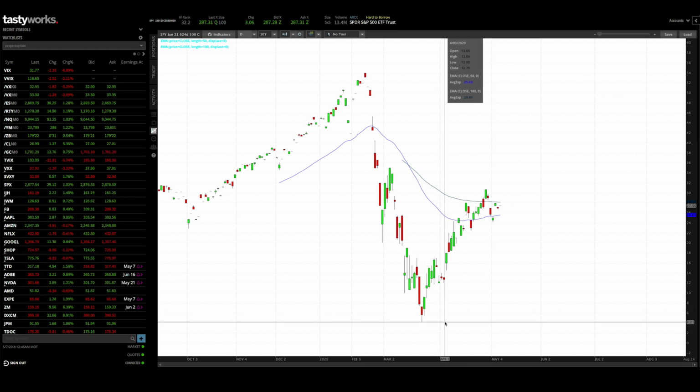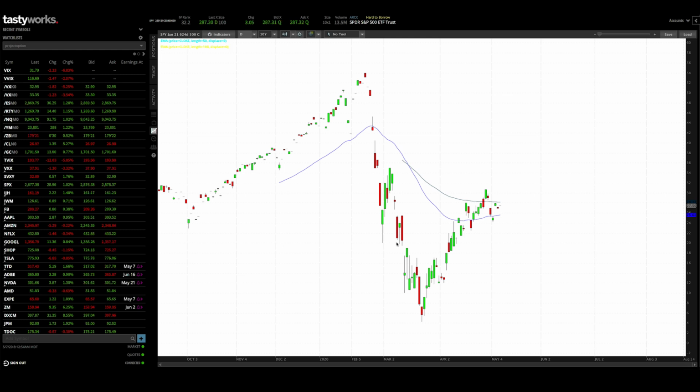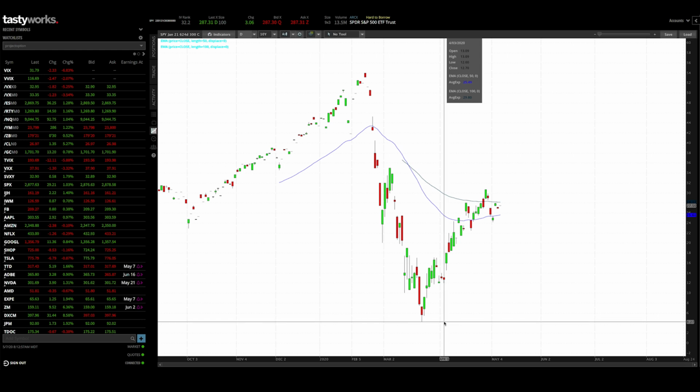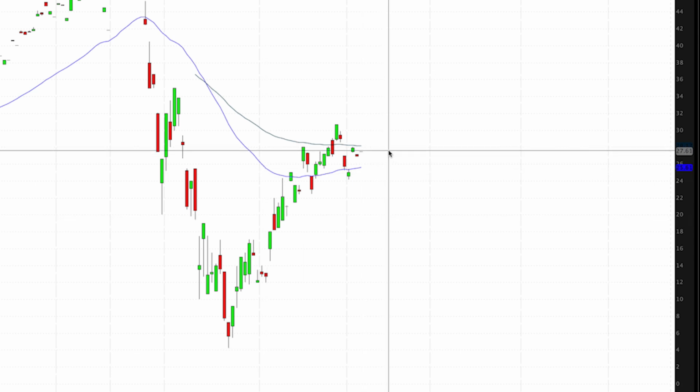So if we look at the actual change in the option price, and remember this is the 300 call option in January 2022, which is about 2 years out, we can see that at the bottom of this market move, this call option was worth about $4.20, if we look on the right-hand side of the chart. So the bottom was $4.27, and currently with the market rally, this option is back up to $28.